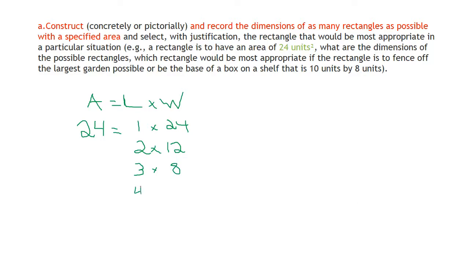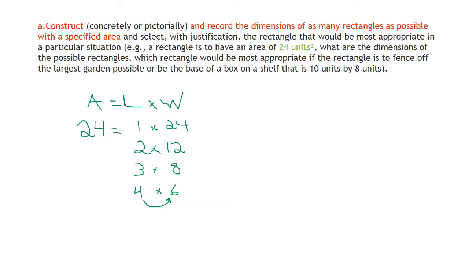What about 4? 4 times 6. What about 5? Nope, 5 doesn't work. 5 is not a factor of 24. And then there are no numbers between 4 and 6 that work, so we're done, because we could just keep going up the list. So here are all the ways that you can make an area of 24.